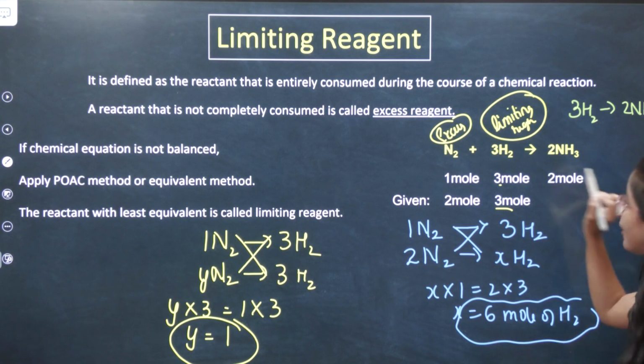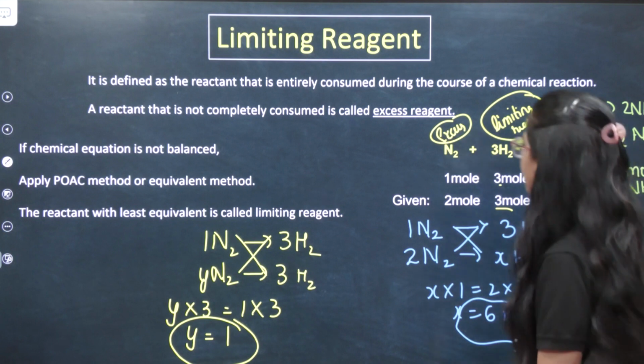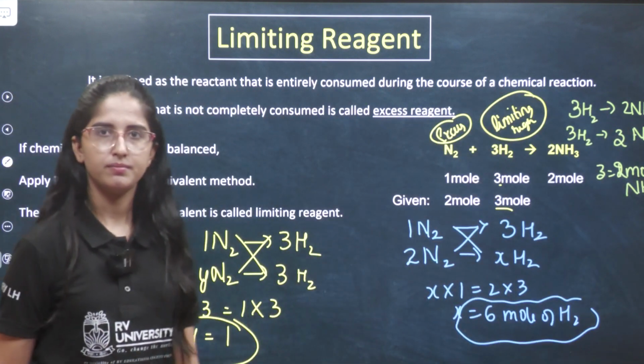But now, if you use 3 moles of hydrogen again, how much might it give? Let's take Z. So it will be 2 moles of ammonia. Understood? So that will decide the product.